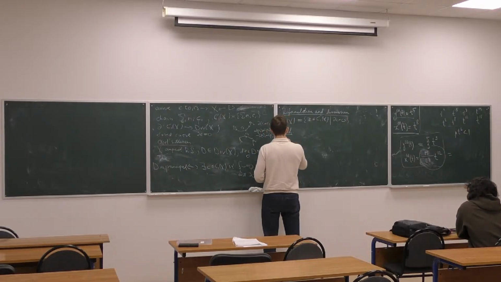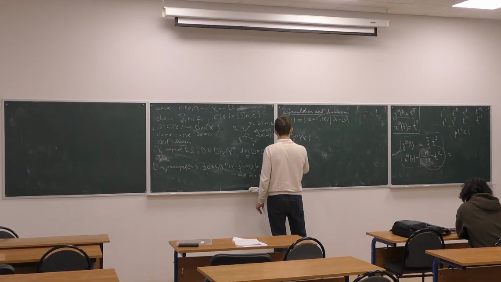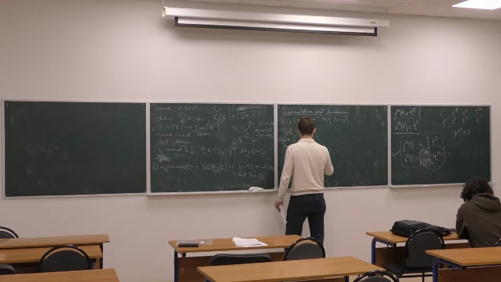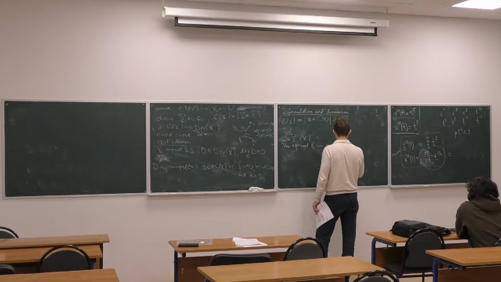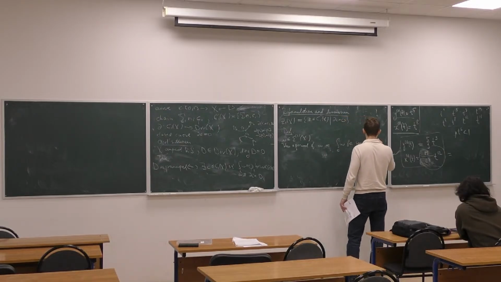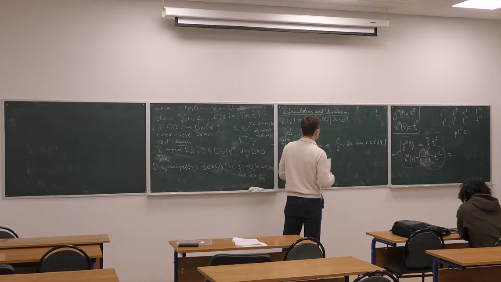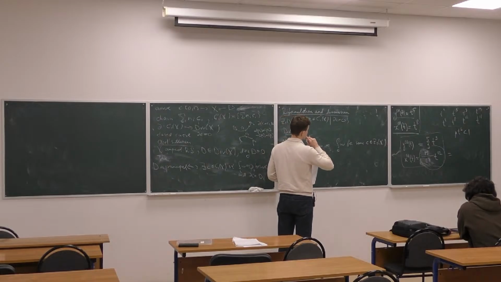So, definition: suppose you have some smooth form omega, then a period of omega is an integral of omega over some closed chain C.